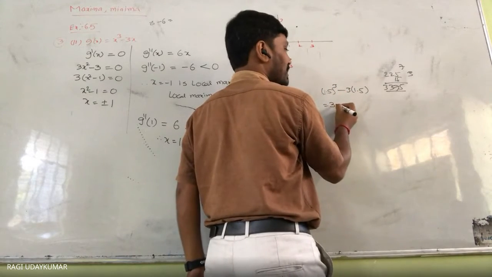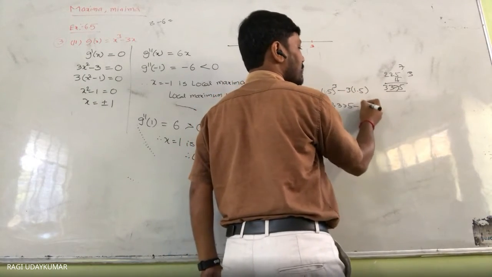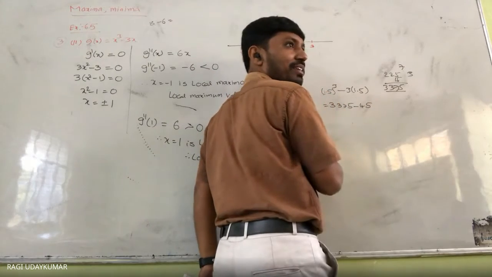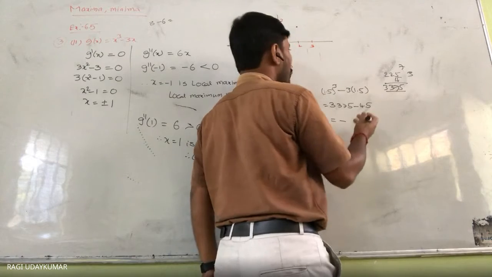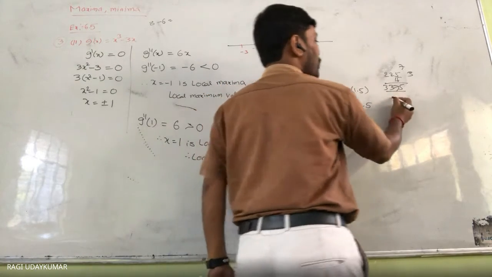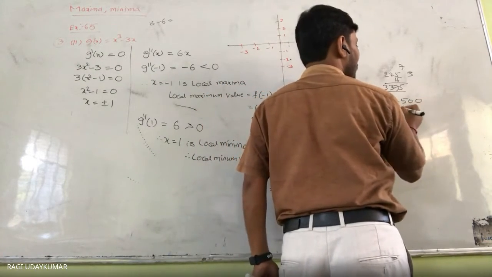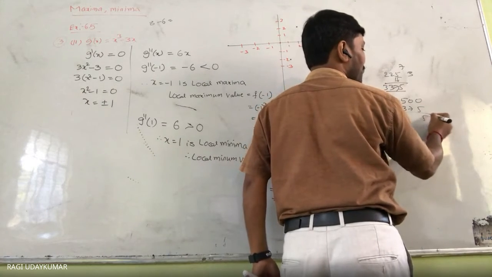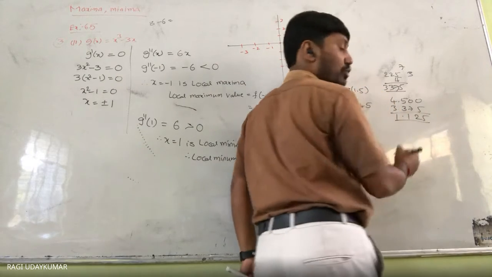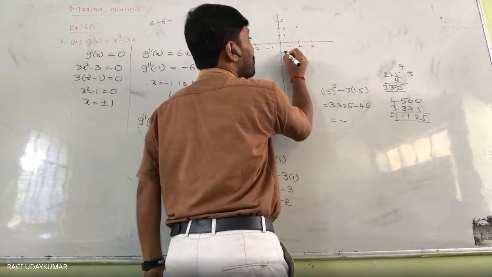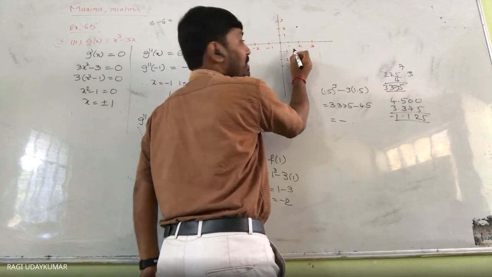So what do you get here? 3.375 minus 4.5. So what you are getting here from this minus, नेगेटिव में वैल्यू आएगा, बट वो वैल्यू क्या है? 4.500, 3.375 सब्ट्रैक्ट कर लो, 1.125, माइनस 1.125 इधर होगा.